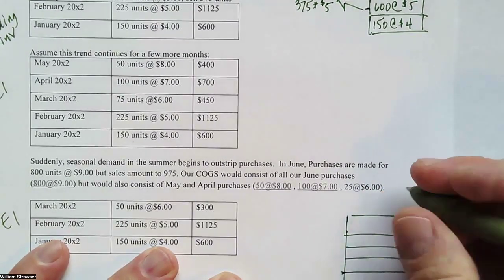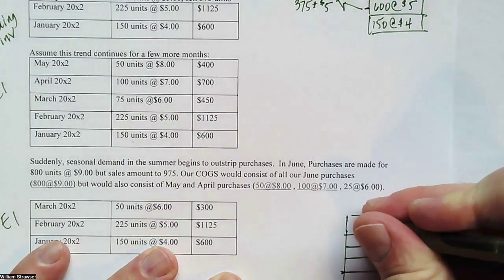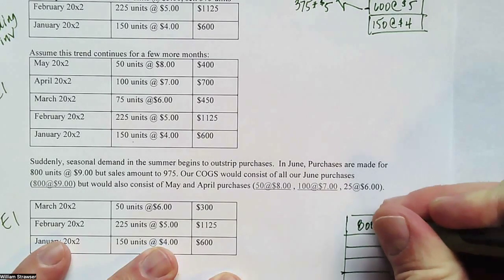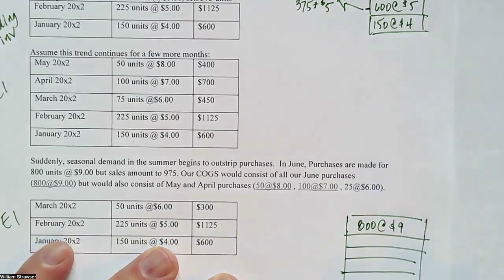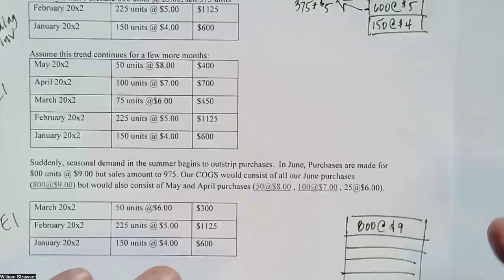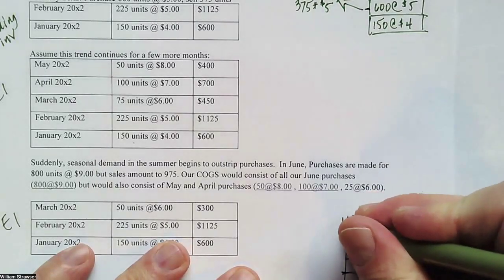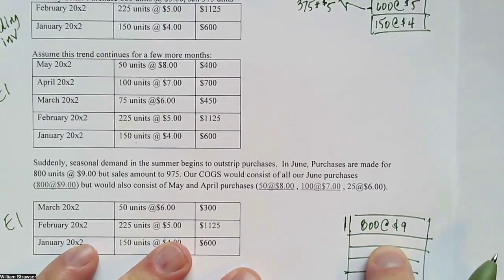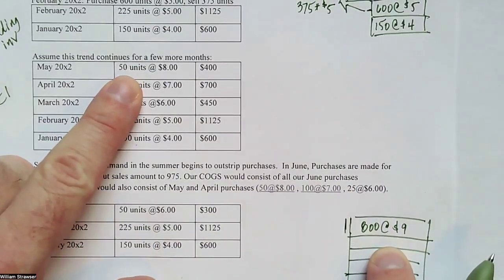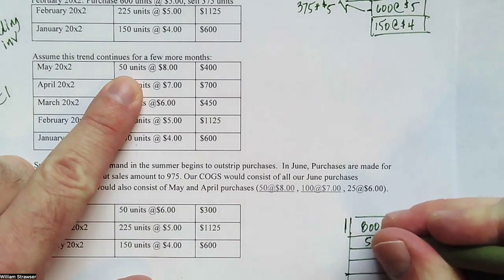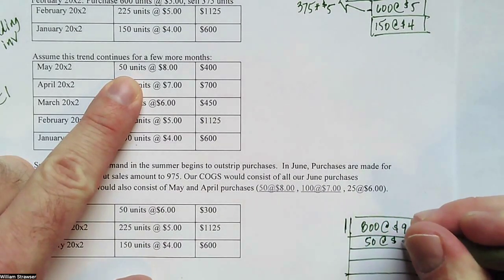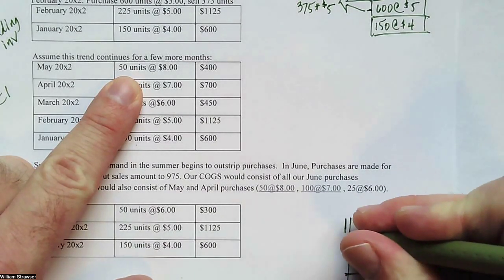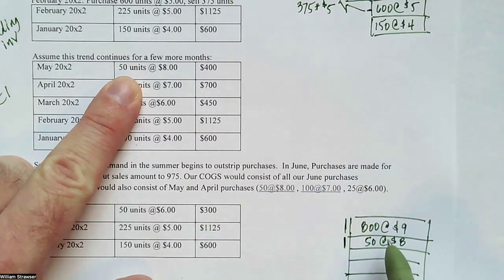So I purchased 800 at $9 a unit and I sold through 975. So all of this layer is gone. We'd have to go back to the next most recent purchases under LIFO. The 50 at 8 would be the next ones to go, but they all get eaten up.